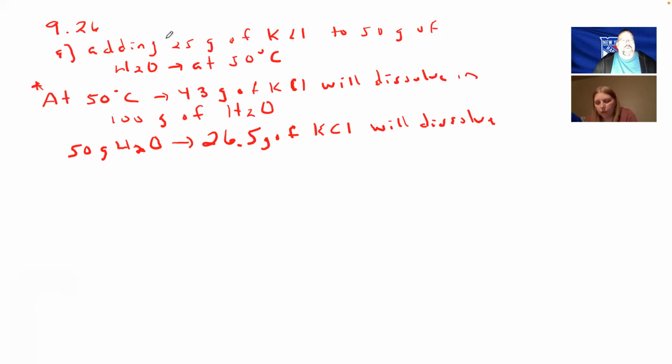So do we go 43 divided by 2? Yes, taking half of it, because if you have half the amount of water, then only half the amount of solute can dissolve.